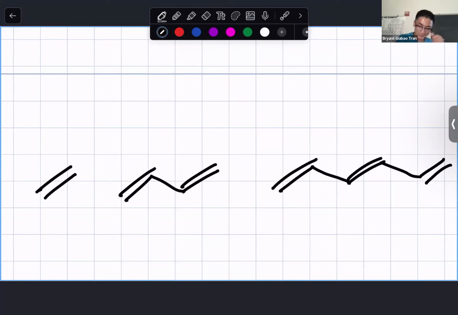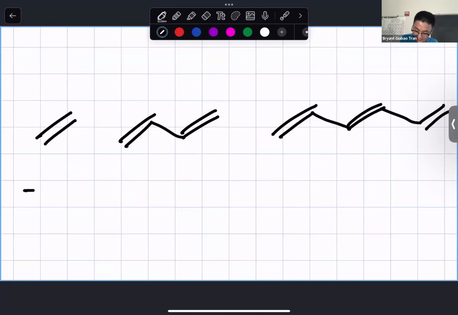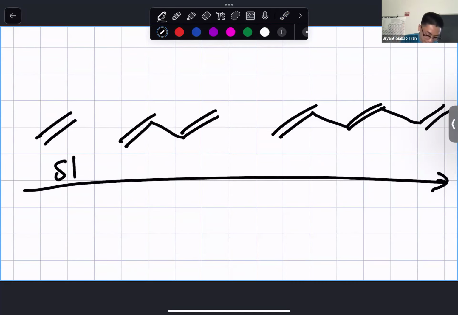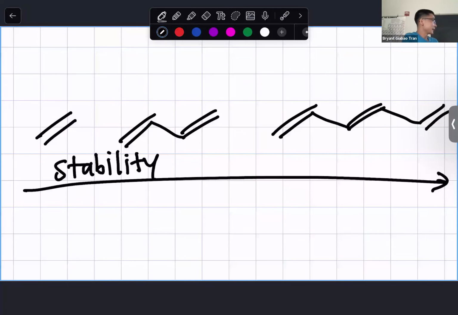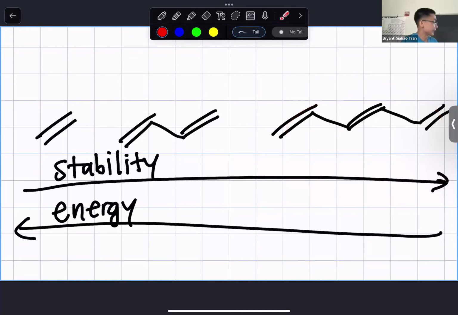Yeah, the most right one, because the most right one here has the most amount of resonance. Those double bonds there can move around more. So stability increases from left to right. What does that make the energy? Where would energy increase from? Left to right, right to left? That's right. The least stable molecule has the highest energy. The most stable molecule has the lowest energy.